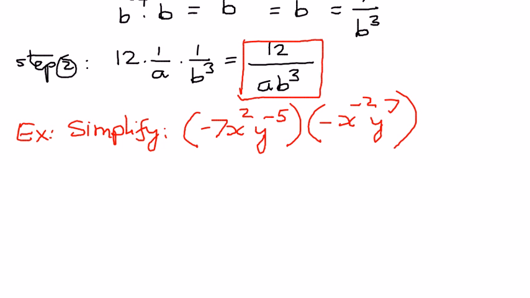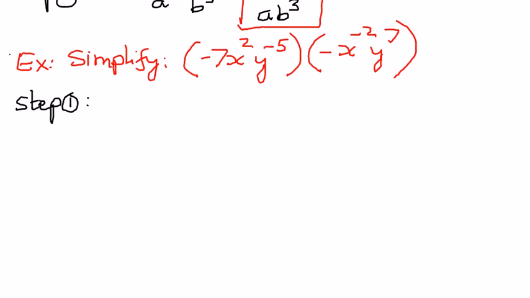We will use the exponential rules to simplify this. As we have done in the previous example, we will write all the coefficient terms together, all the x terms together, all the y terms together, and then as a final answer, we'll put all of them together.